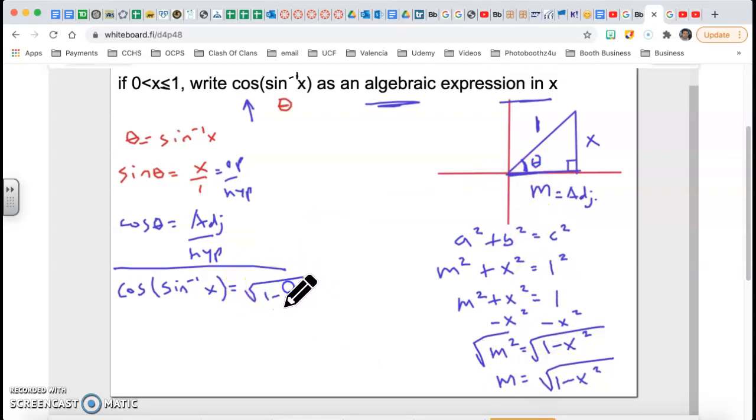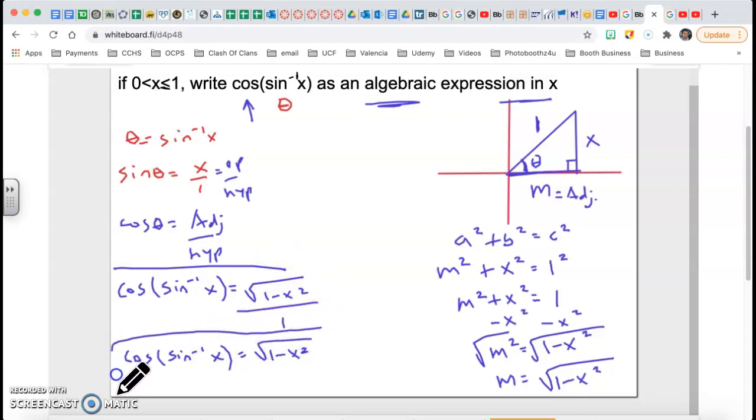Square root of 1 minus x squared, divided by hypotenuse. What's my hypotenuse? 1. Final answer: cosine of sine inverse of x equals the square root of 1 minus x squared, divided by 1. Again, I didn't solve for anything. I'm leaving everything in terms of x.